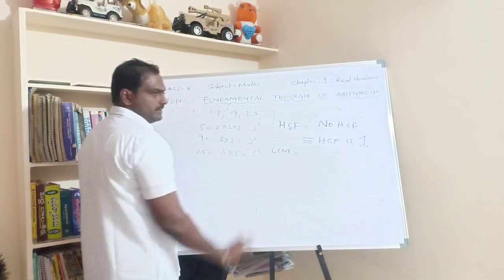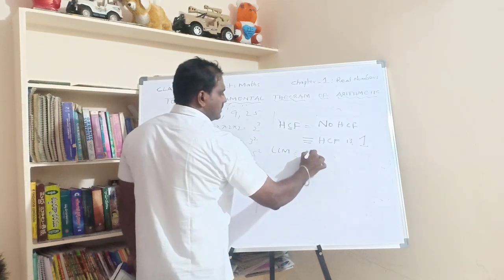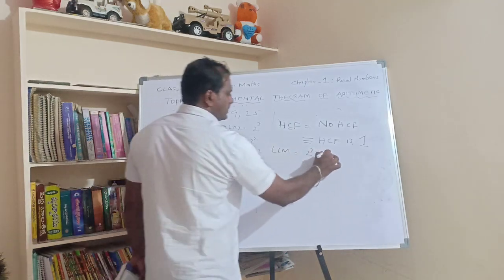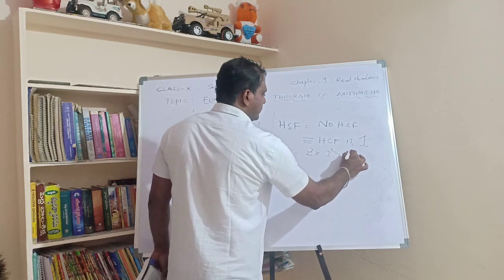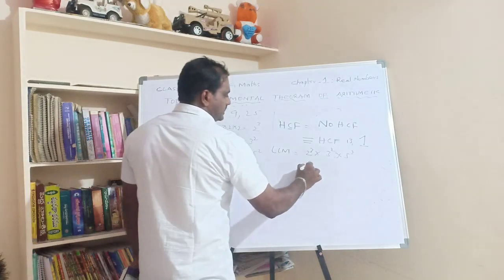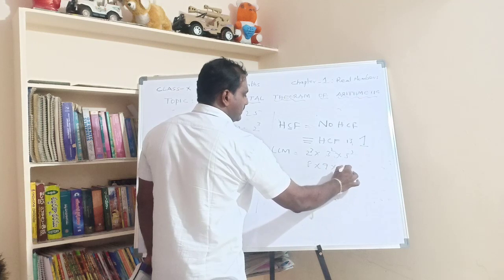LCM is the highest powers. So 2 power 3 into 3 power 2 into 5 power 2. So 2 power 3 is 8 into 9 into 25.